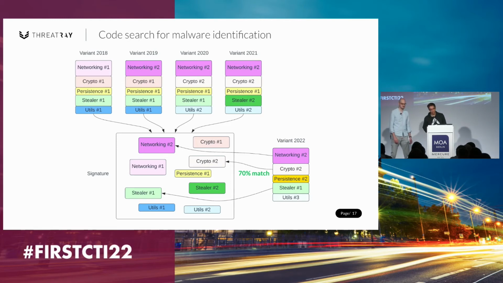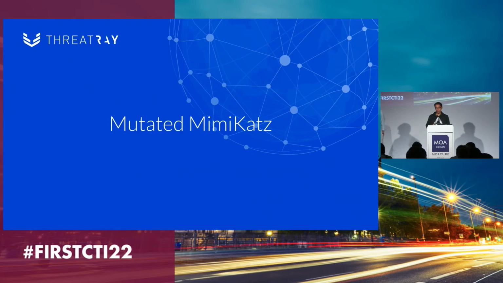Okay, thank you, Jonas. Now you remember Jonas talked about how most of the malware activity is performed by mutation or variation of the same malware families. That is very important because that is where code search and code identification are so important.